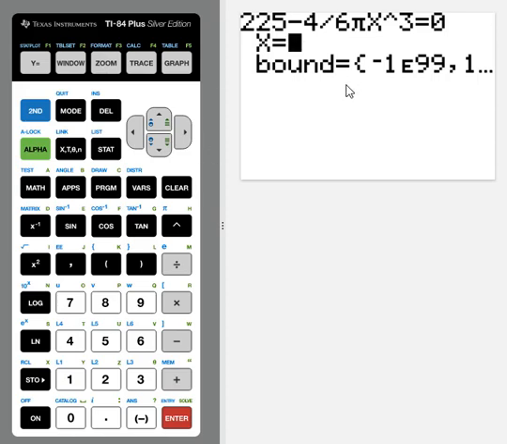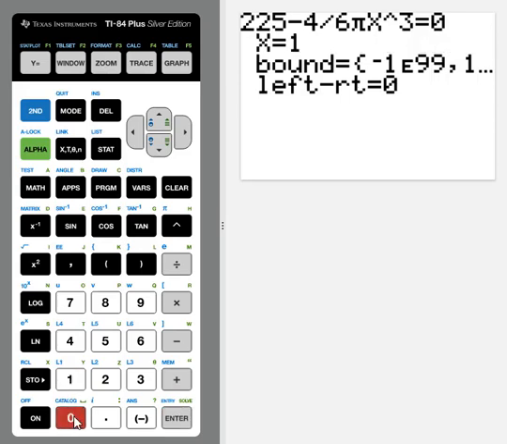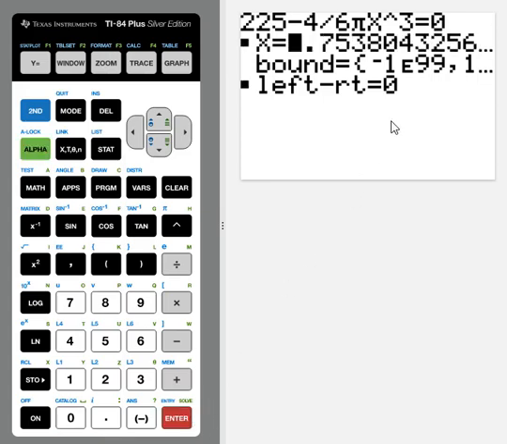For this number, you can put an estimated number. Since we are looking for a radius, any positive number will be fine. You can put 5. Then you do alpha, enter, and it gives you 4.75. If you put 100 as the estimated number, then you do alpha, enter, you will get the same answer.